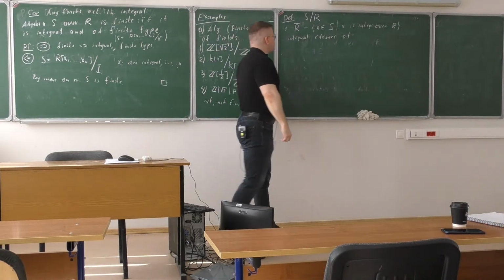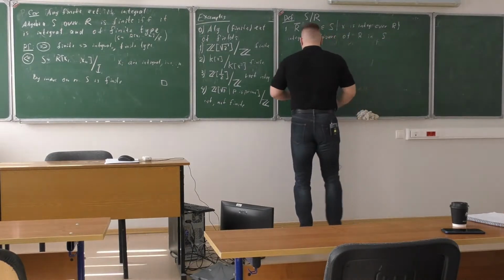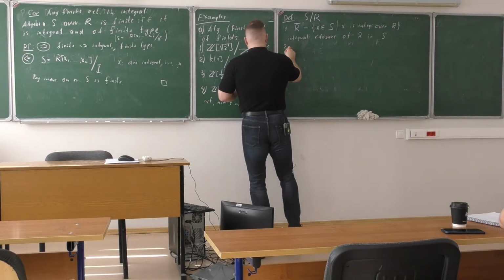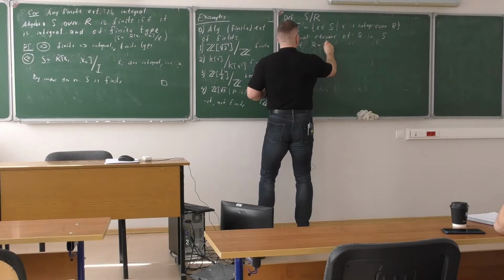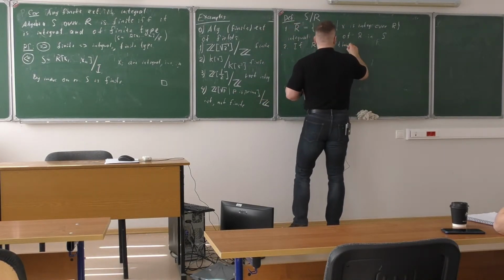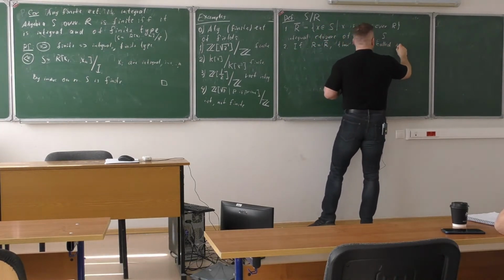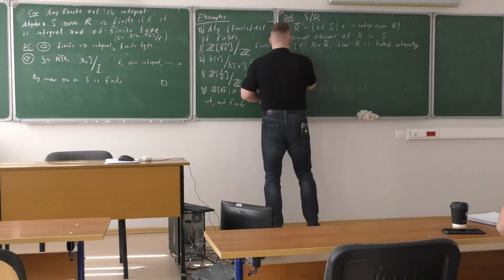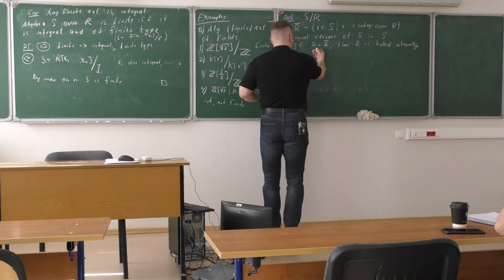So this is the integral closure of R in S. Part 2: if R is equal to R bar, then R is called integrally closed in S.